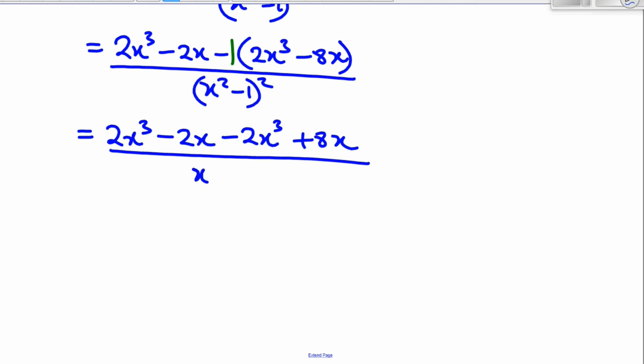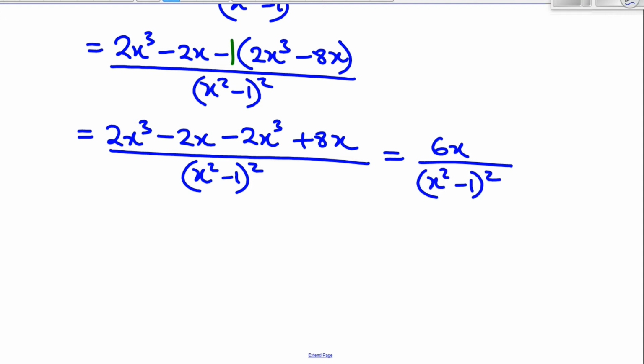Over x squared minus 1 squared. Now, if you simplify this, you'll end up with 6x over x squared minus 1 squared. Well, because this and this cancels, and then just end up with 6x. Okay, so this is our dy over dx.